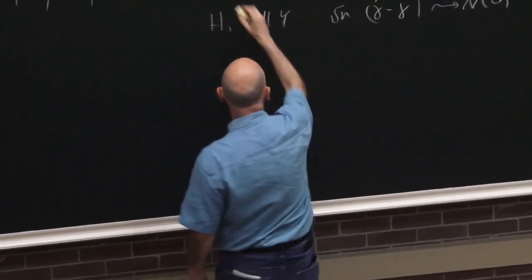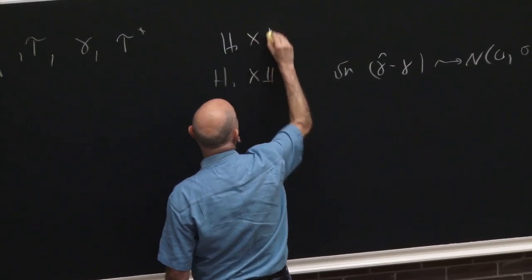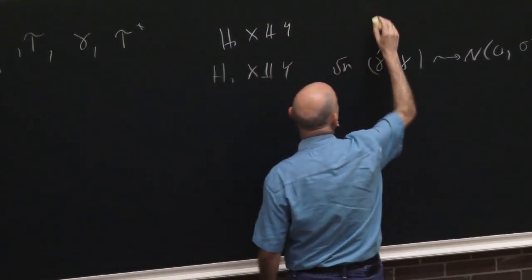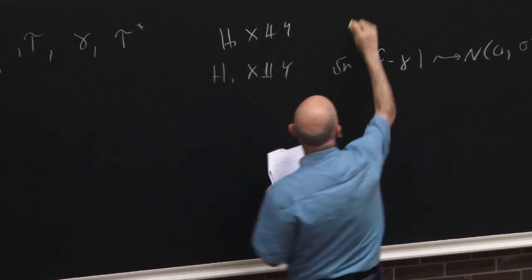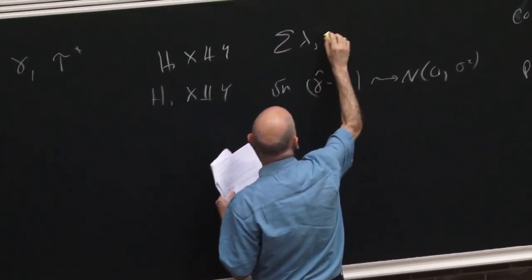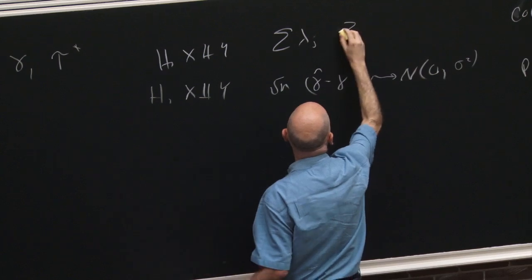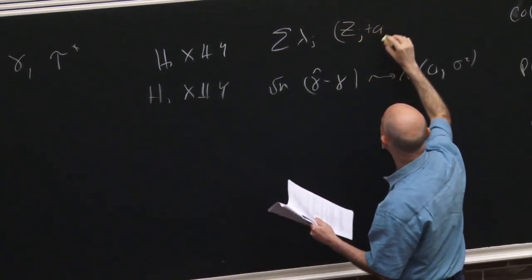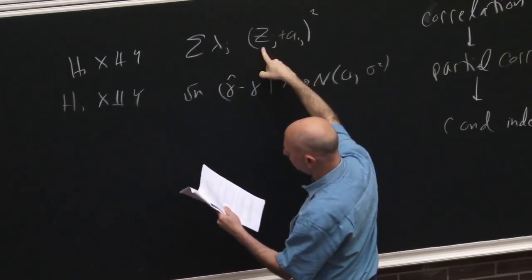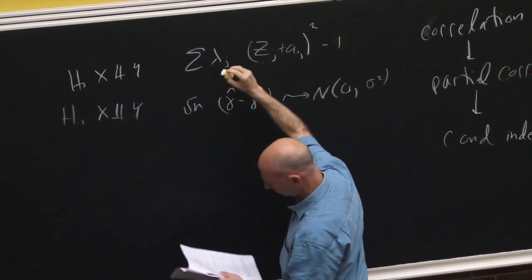But under the null hypothesis, the convergence was to something I called a Gaussian chaos. It's written there for you in the middle of page 7. It's a linear combination of chi-squareds. It actually looks like this here. Each z is a standard normal.